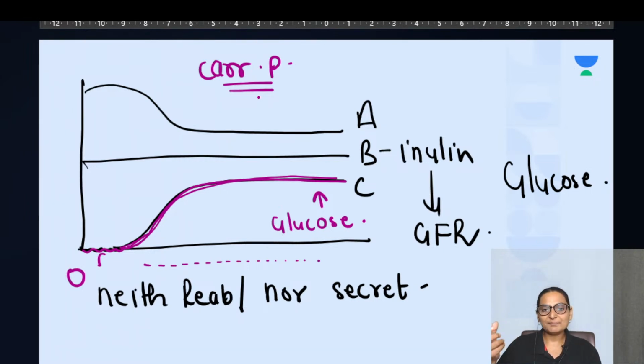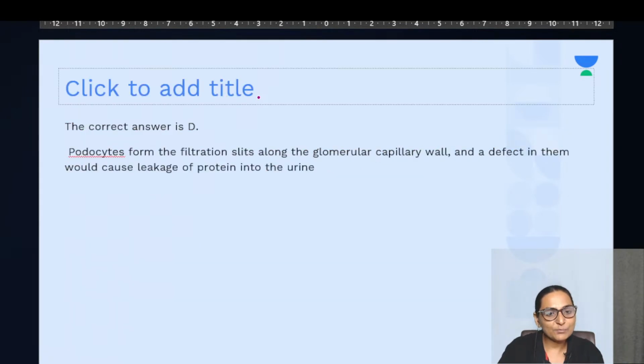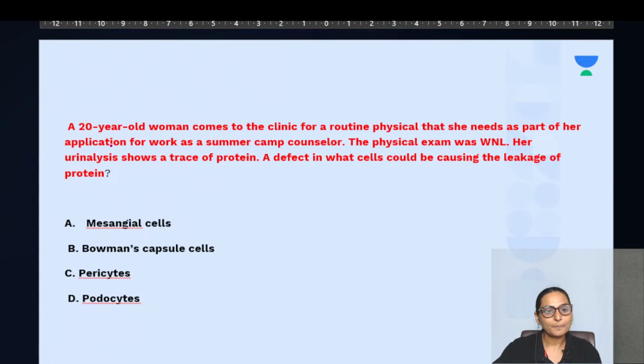The carrier protein will become less, the glucose will become more, and 100% reabsorption of glucose will not take place, and therefore its clearance graph will be on the higher side. That means it is appearing in urine. Very good. Yes. Now let's move on to the next question.